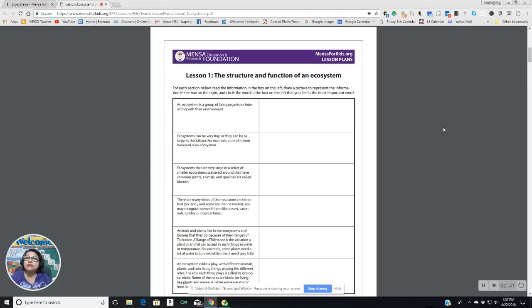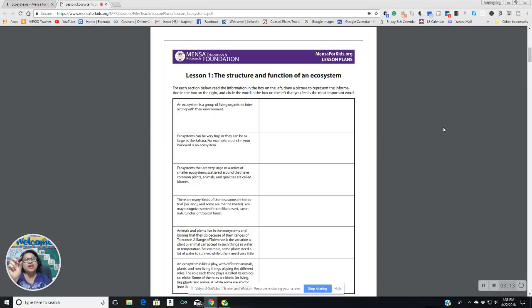It says ecosystems that are very large, or a series of smaller ecosystems scattered around that have common plants, animals, and qualities, are called biomes. Before you do this lesson, you can start talking about the different types of biomes, like the tundra, the savanna, and then you can have them use this section to draw.